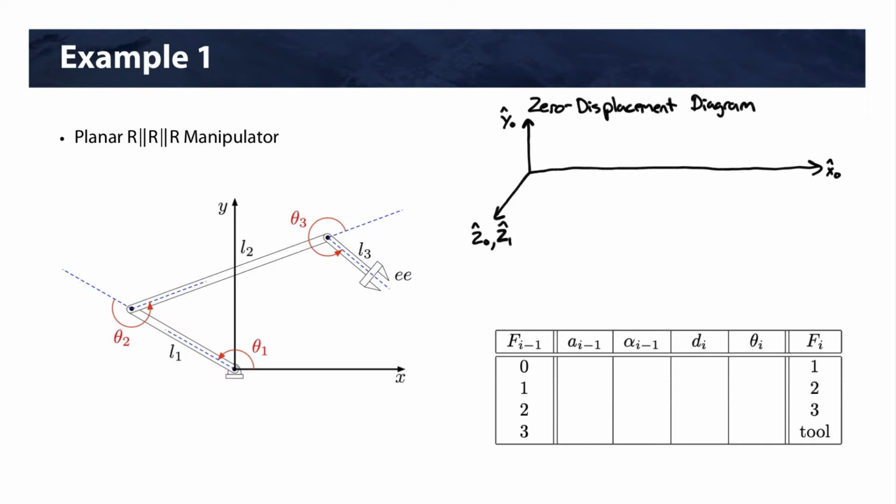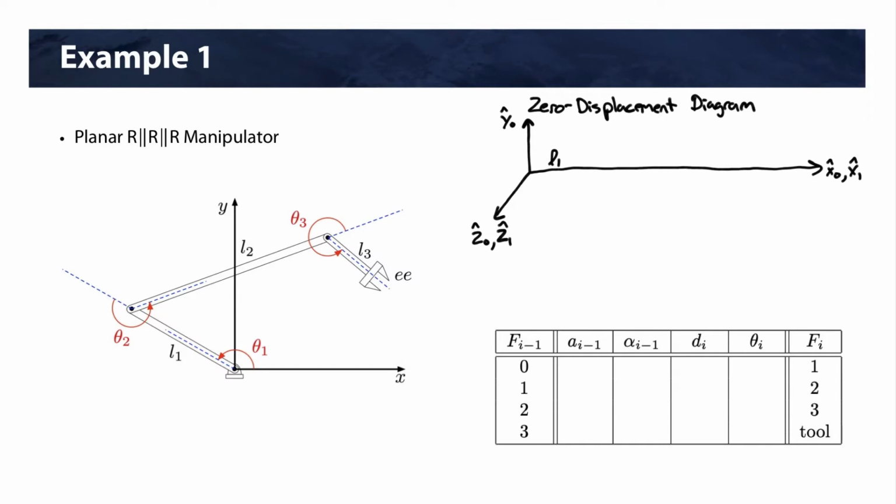And in zero displacement, that means that X1 would be in this direction. Obviously, if theta 1 has a value, there will be an angle between x0 and x1, but when theta 1 is equal to 0, x0 and x1 line up. All right, we now have a distance, or a length, of L1 before we get to Z2.